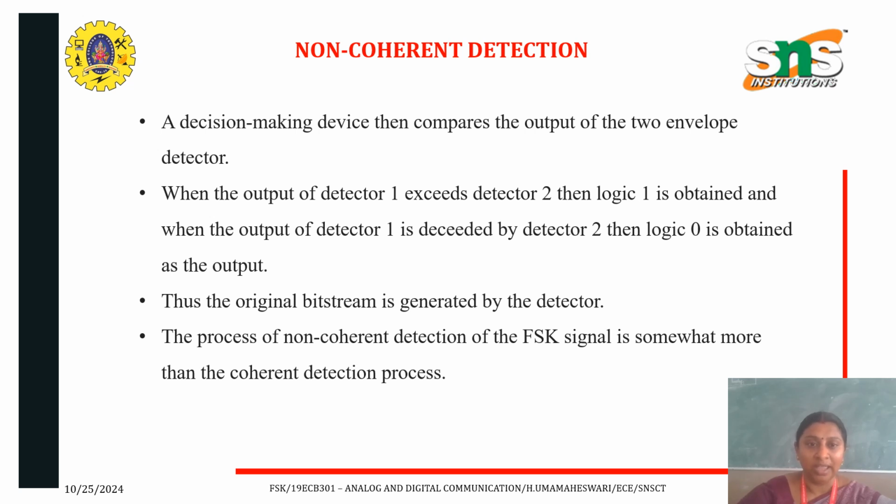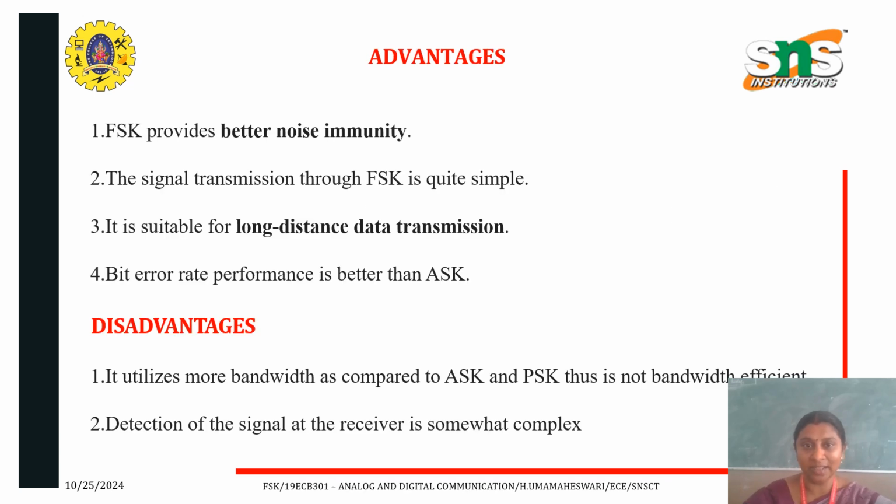Then a decision making device compares the output of the two envelope detectors. When the output of detector 1 exceeds detector 2, then logic 1 is obtained. When the output of detector 1 is less than detector 2, then logic 0 is obtained at the output. The process of non-coherent detection of the FSK signal is somewhat more complex than the coherent detection process. Thus, the original bit stream is obtained.